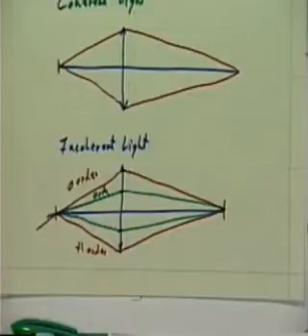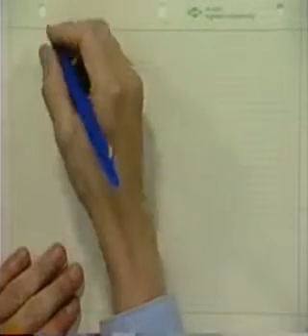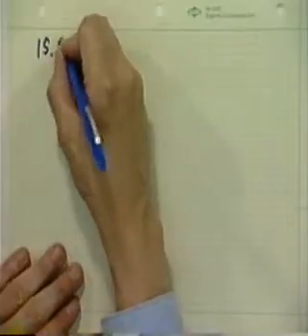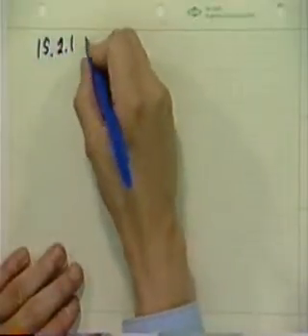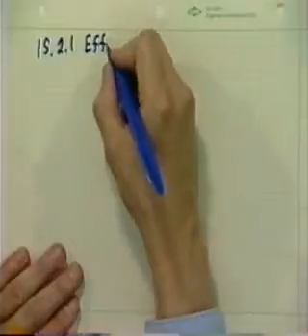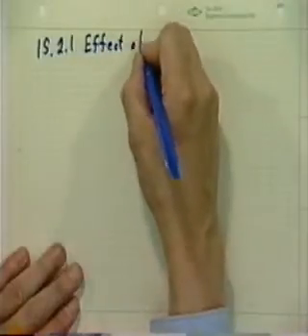Okay. Well, let's write down an equation here for how we would calculate the OTF if we had aberrations. I give this a different number here, 15.2.1. Effect of aberrations.